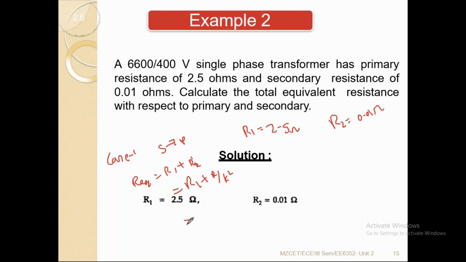Find the value of Req in case one, when the secondary is shifted to the primary, that is the backward step. So here R1 is 2.5 plus 0.01 divided by K square. What is the value of K here?